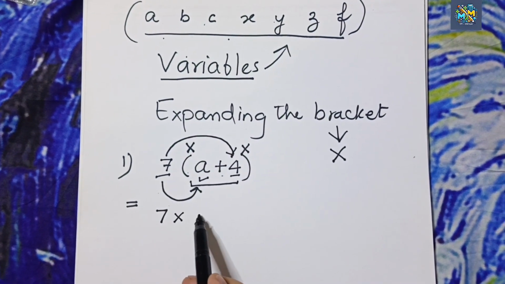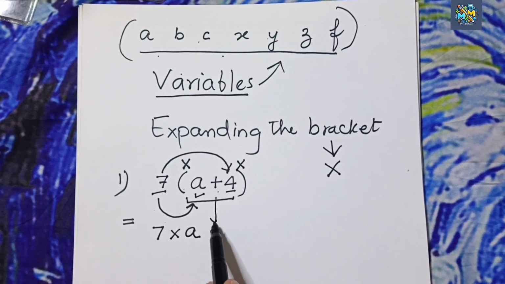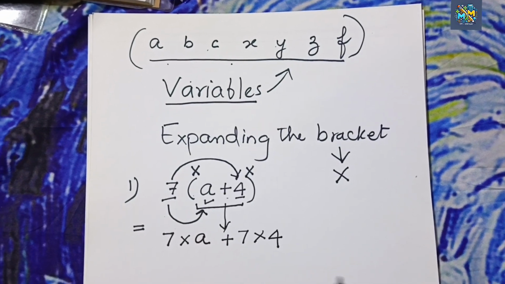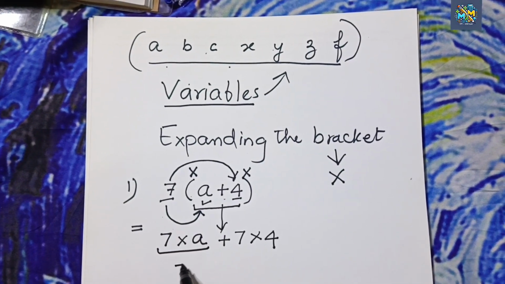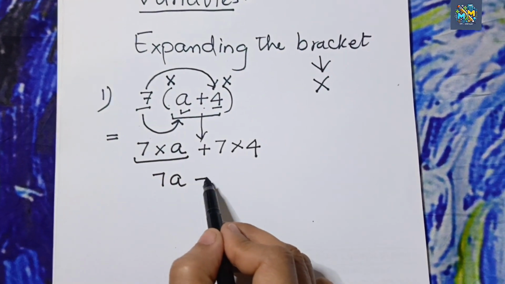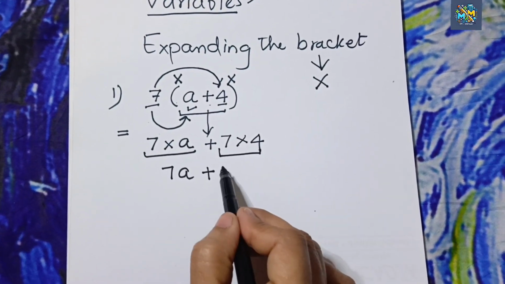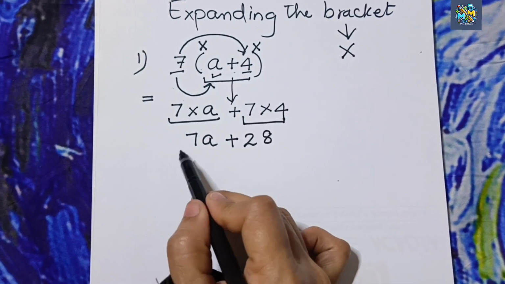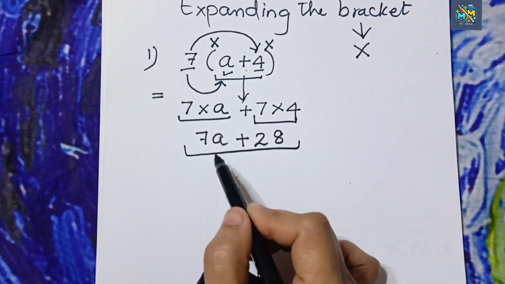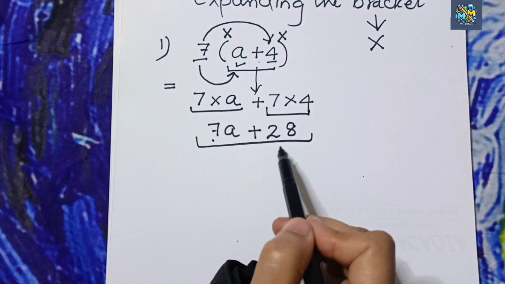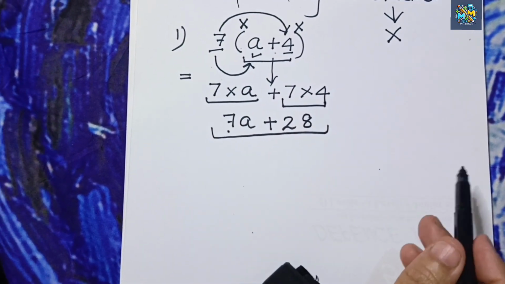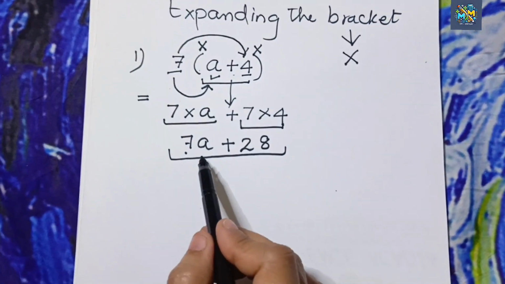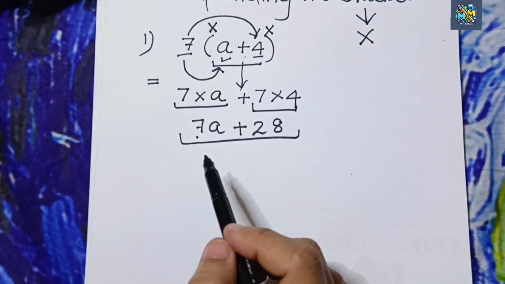This is the way we need to solve it. 7 multiplied by a, the plus sign will be plus, and then 7 multiplied by 4. So 7 times a will be 7a, plus 7 times 4 will be 28, right? Now, it might be coming to your mind that there is a 7, there is a 28, so we can add this. No. When there is a number with a variable, as I've shared, a means variable.